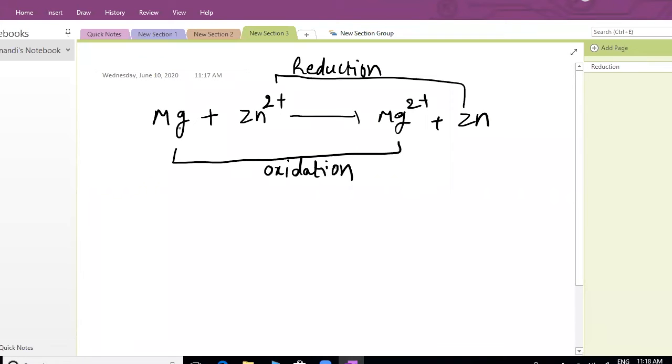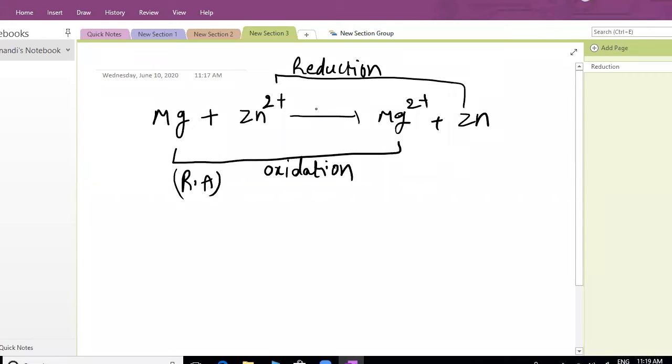Because of magnesium, Zn2+ gaining of electrons takes place. Is it correct? So because of magnesium, zinc gains electrons. This magnesium we call reducing agent, because of magnesium, zinc reduction takes place.